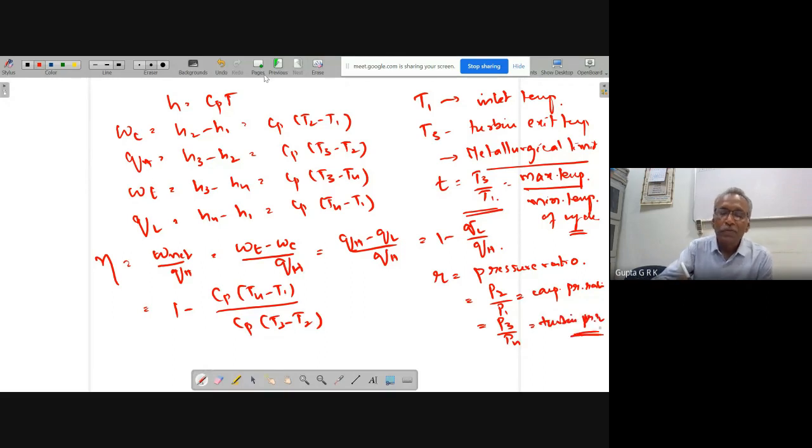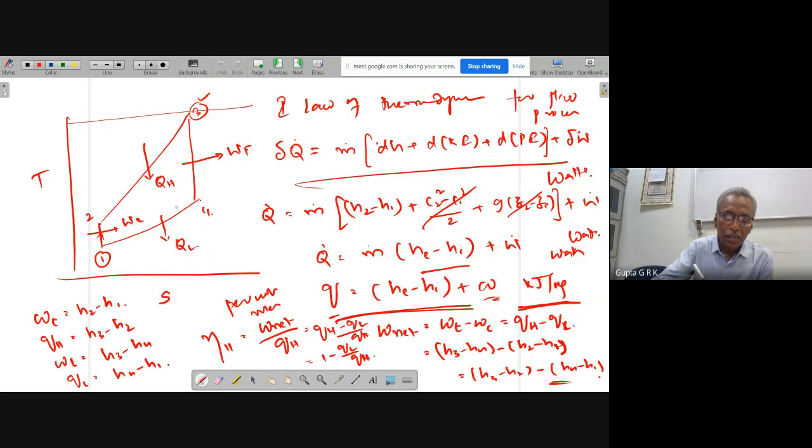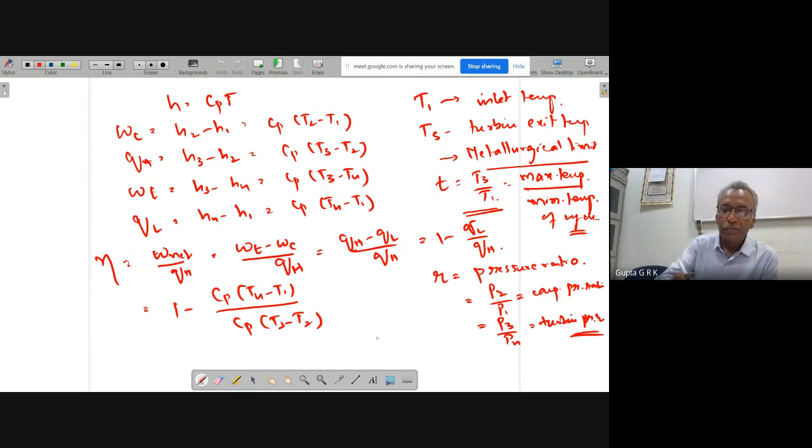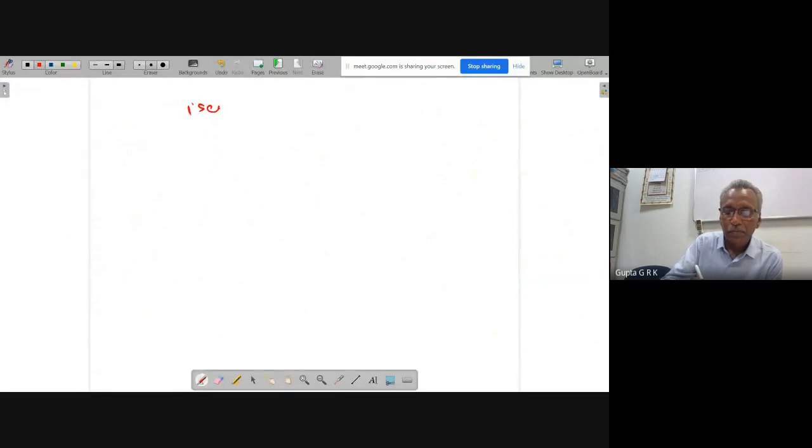Is it clear? If you see this, this is constant pressure: P2 and P3 are equal, and P1 equals P4. This is an isobar, okay? And from the isentropic relations, what are the isentropic relations?